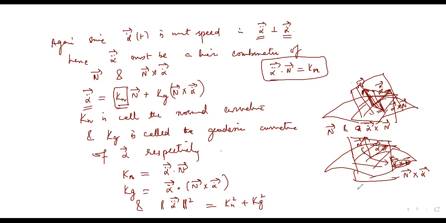Since our curve is unit speed, we know that the curvature of the curve k is equal to the norm of alpha double dot. Therefore I can say k squared, the curvature of the curve, is equal to k_n squared, the normal curvature, plus k_g squared, the geodesic curvature.